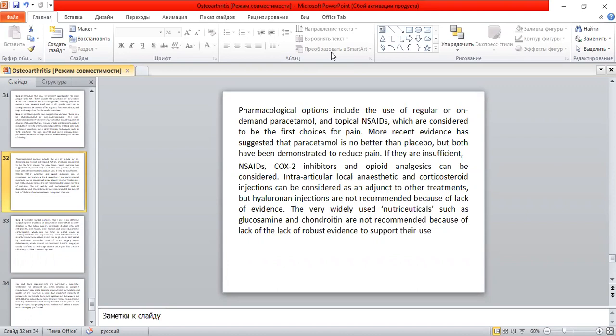Intra-articular local anesthetic and corticosteroid injections can be considered as an adjunct to other treatments, but hyaluronan injections are not recommended because of lack of evidence. The very widely used nutraceuticals such as glucosamine and chondroitin are not recommended because of lack of robust evidence to support their use.